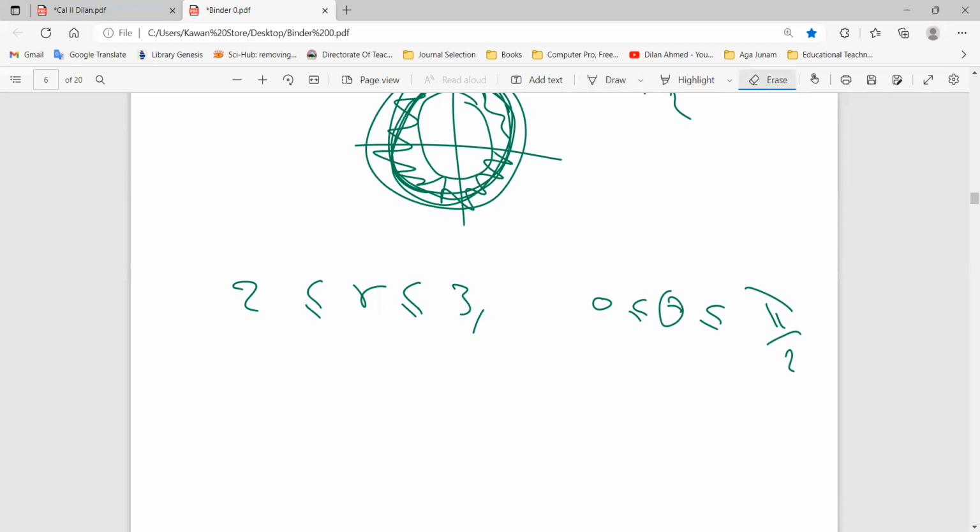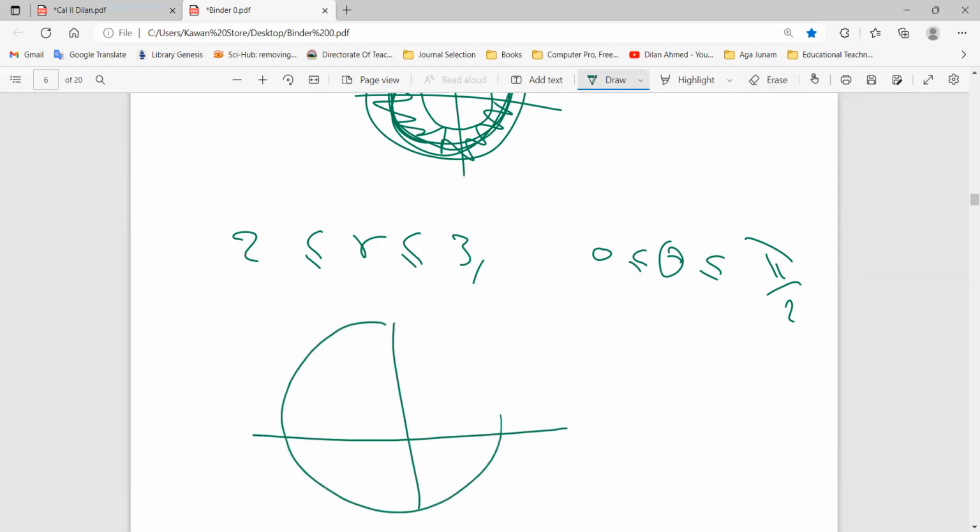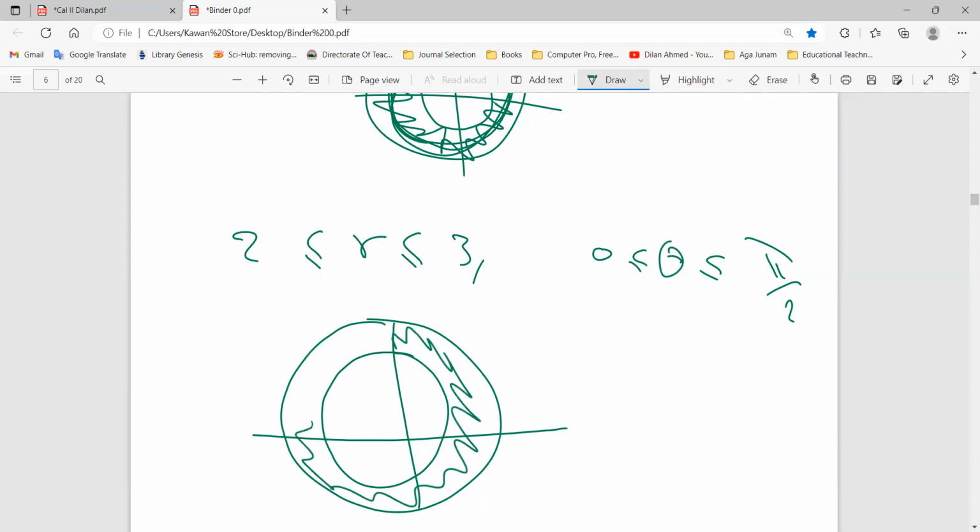First of all, I have theta. I know R equal to 3 is the circle, R equal to 2 another circle. So between them, that's between them. Exactly.